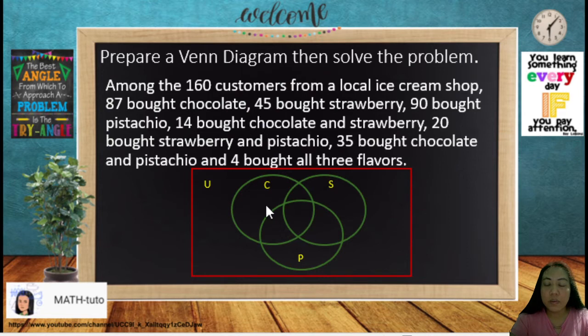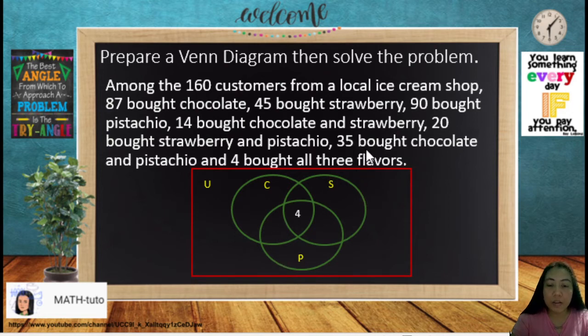So it is important to write the number that would be the intersection of all the sets. And in this problem, we can see here 4, which is the number who bought all 3 flavors. We will write that here. That is the intersection of sets C, S, and P.